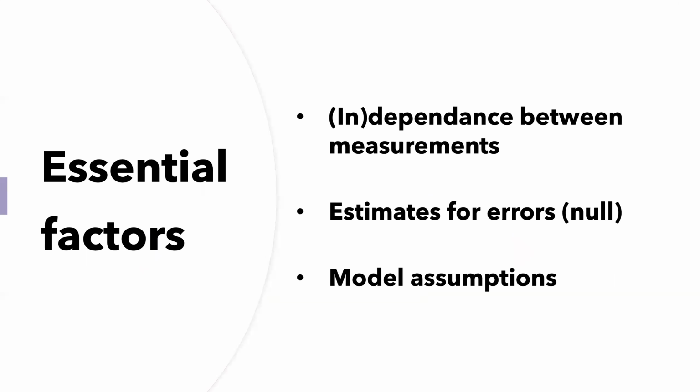Any method for estimating differential protein abundance is dependent on these three factors that I have enumerated here. They're of pivotal importance, and I'm going to elaborate on each one of them in the subsequent few slides.